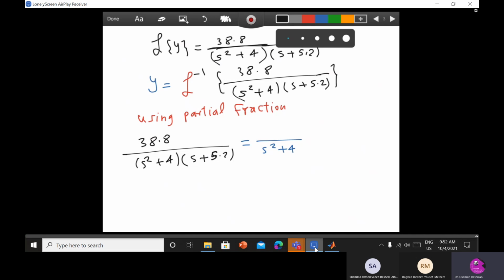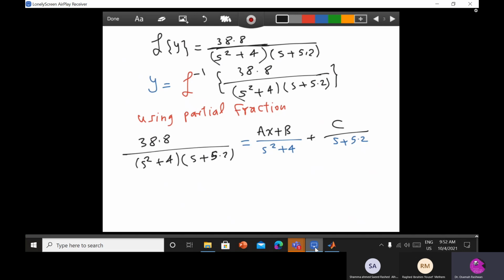What is the first degree? It is linear. So I can write As plus B over s squared plus 4, plus, yes, the other one of degree 1, so I have to put only degree 0. What is of degree 0? A constant. So I have to choose one different from A and B. So I can have C.